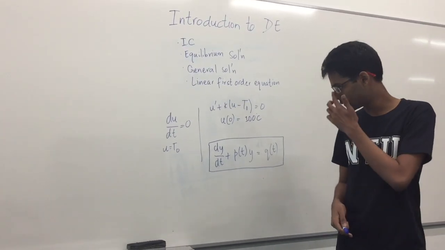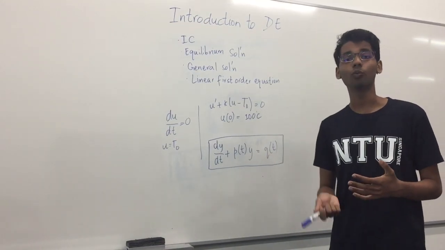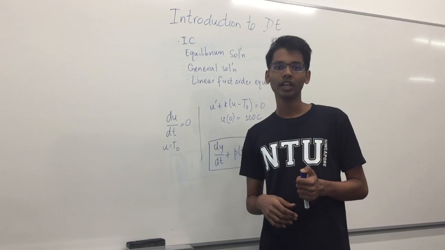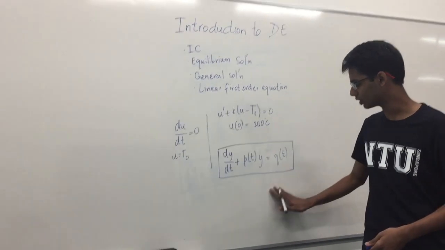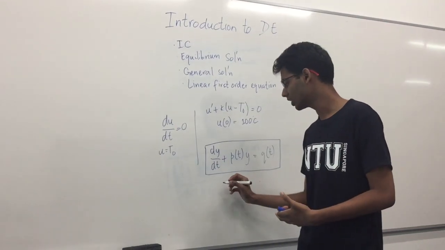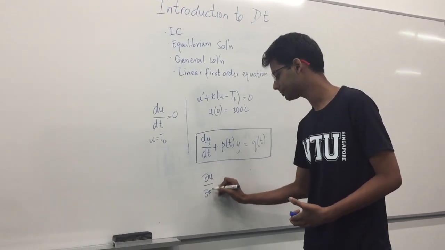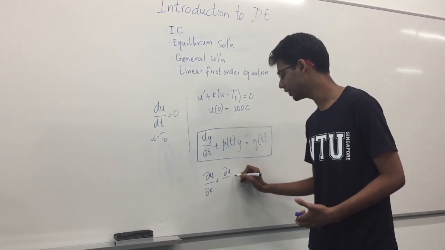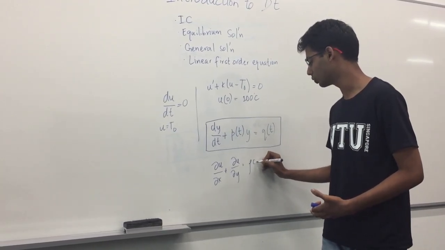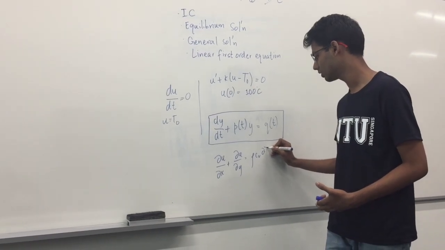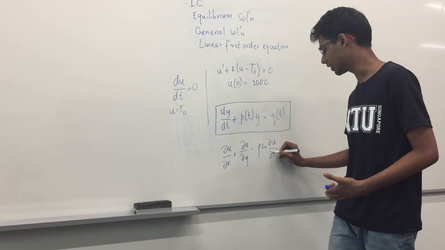So the homework for this video is to take a look at differential equations and check what is linear and what is not. Another thing I wanted to cover: when you look at differential equations, you might come across something of this form, del u over del y, let's say, is equal to rho c v dT, or I'll just use u to be consistent, del u over del t.